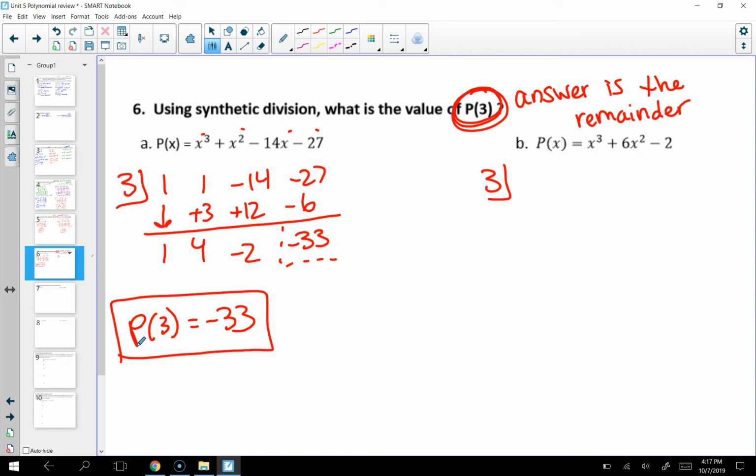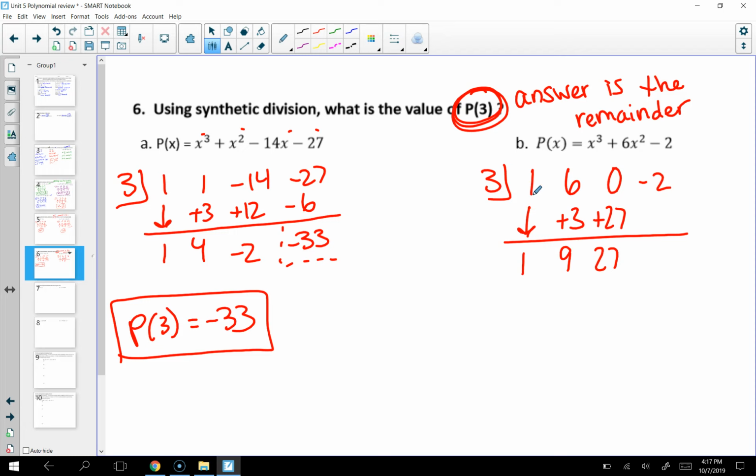Alright, part B. There is something missing. Look right here. 3, 2, 1, none. We're missing the x part. So make sure you put a 0 there. Alright, multiply, add, multiply, add, multiply.